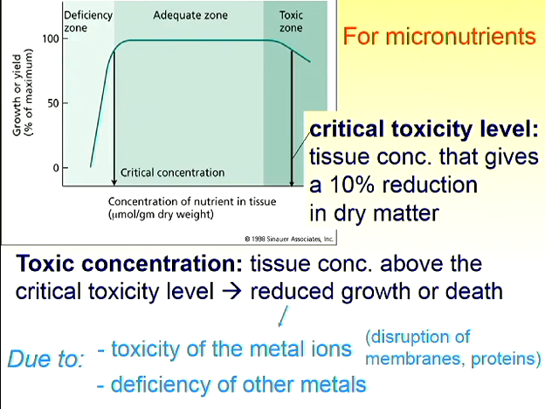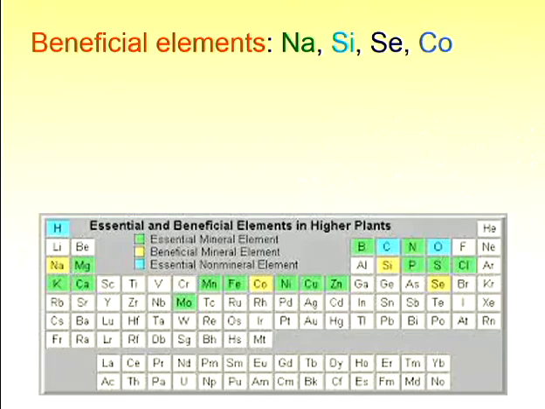So it's not an inability to make pigments, but the pigments are broken down because of toxicity. And so these critical toxicity levels and critical deficiency levels are expressed as a plant tissue concentration. So not so much the external concentration, but the internal concentration.